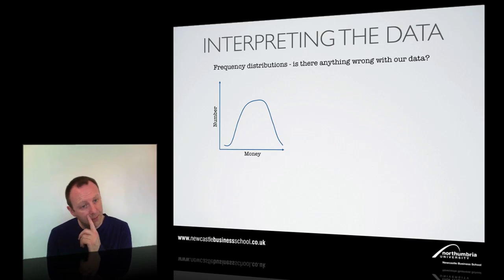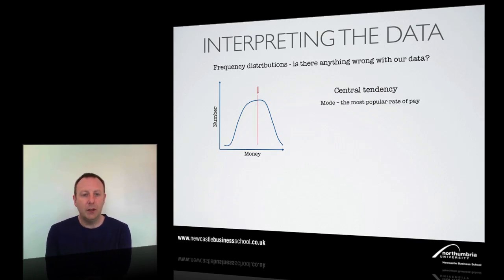Are there large numbers of outliers which make this data suspect in some way, or is there a nice normal distribution curve which makes us feel good about the reliability of the data? So we might plot a distribution curve like this.